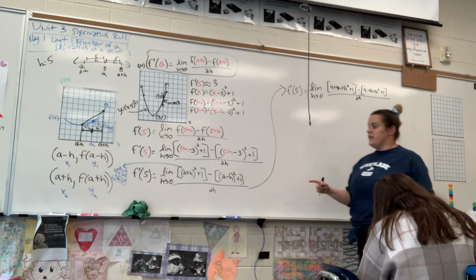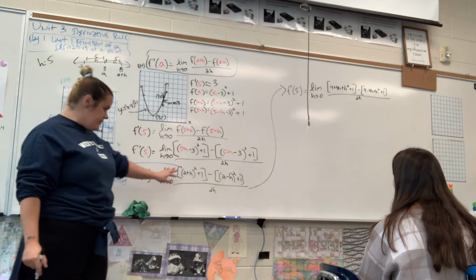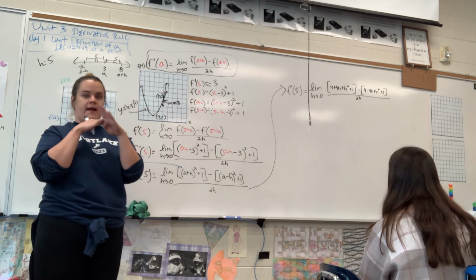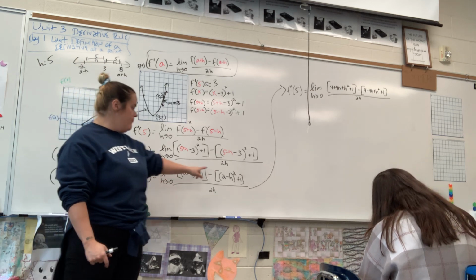So I took these parentheses and I realized I don't distribute exponents. That's how puppies die. I have 2 of that factor and I multiply them together.